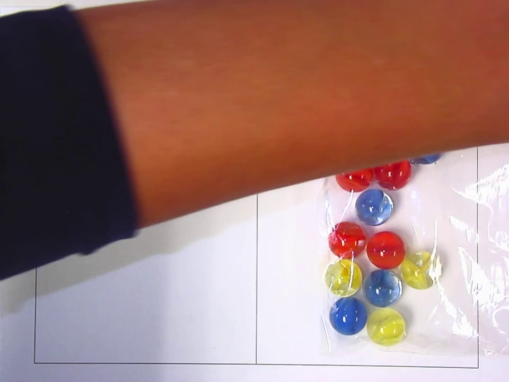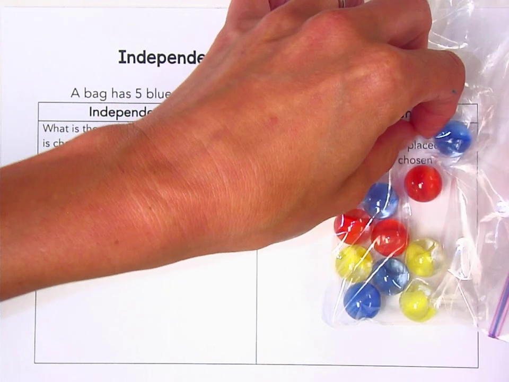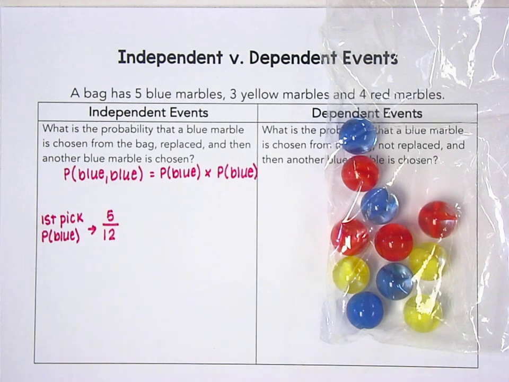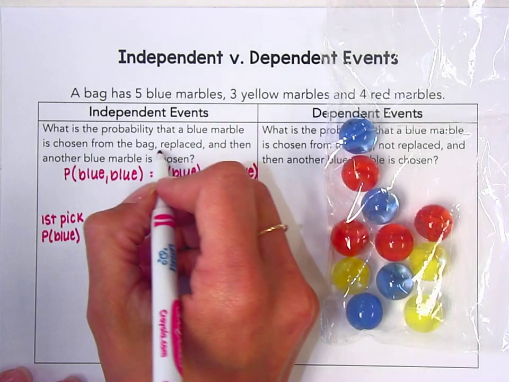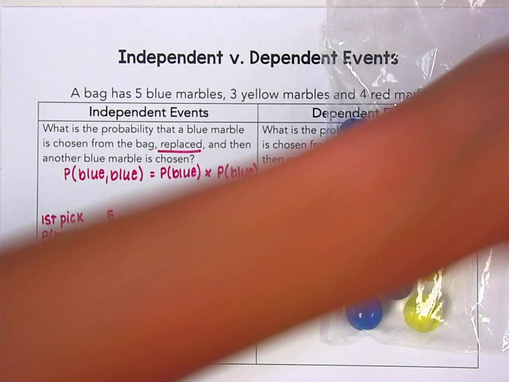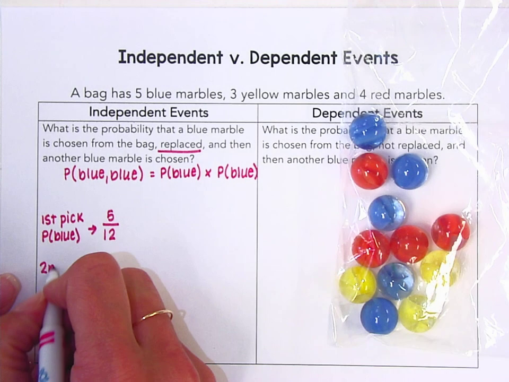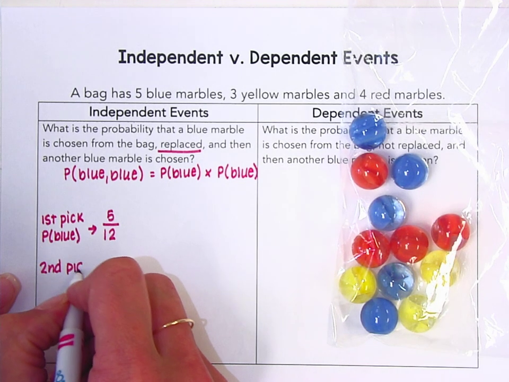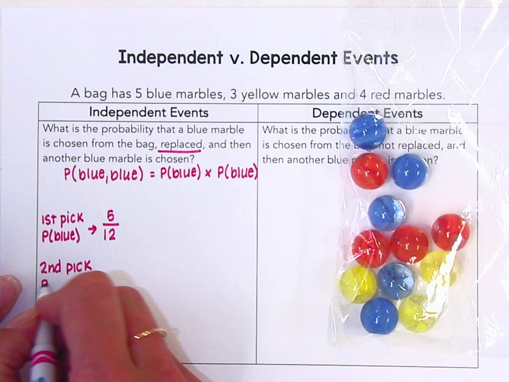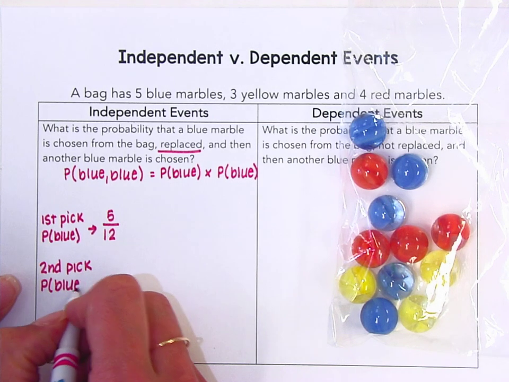Now I'm going to take that pick. I'm going to choose the blue marble, and in this case, I'm being told that I am replacing that marble, so I'm going to put it back in the bag. Now when I go to choose for my second pick, again, I'm still trying to find the probability of choosing a blue marble.